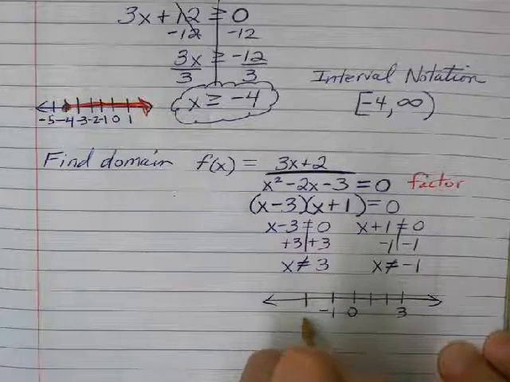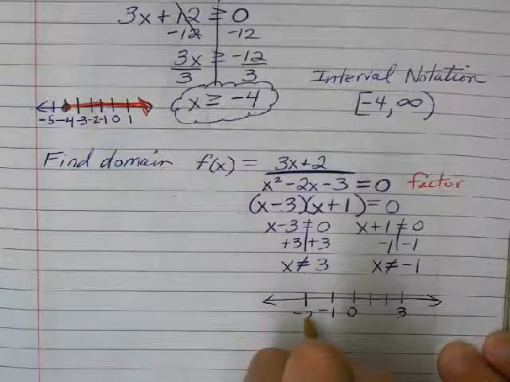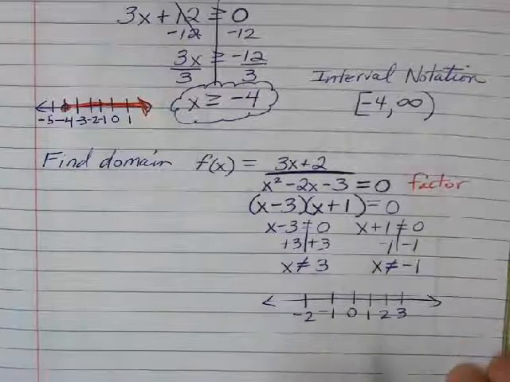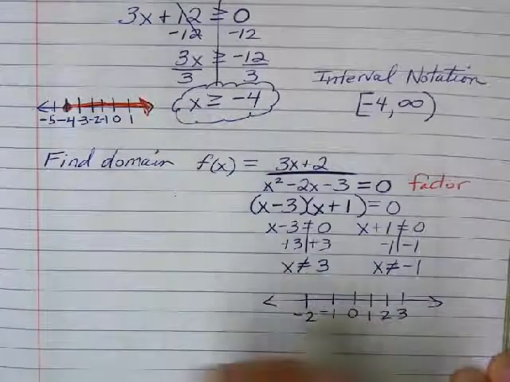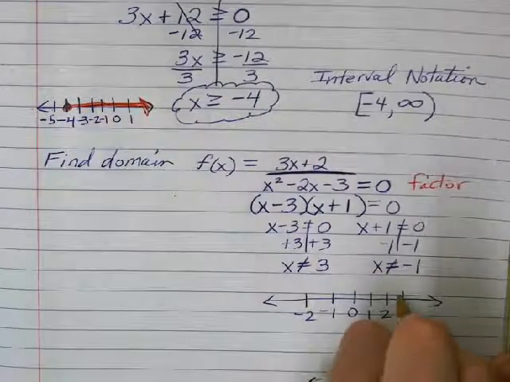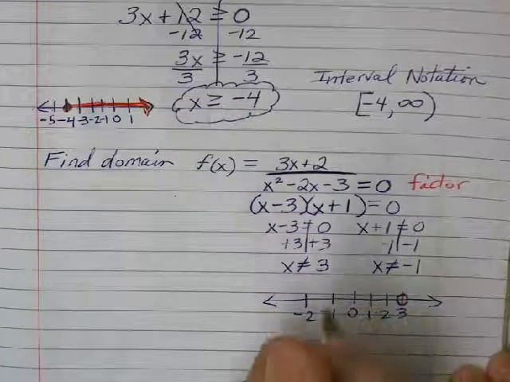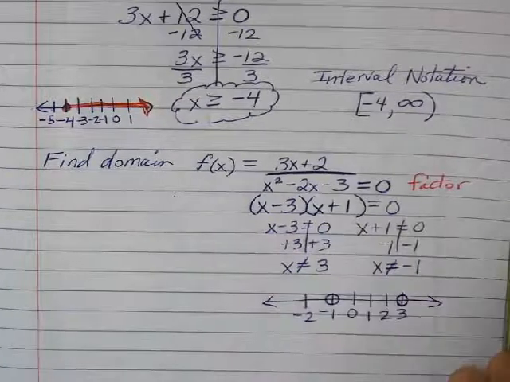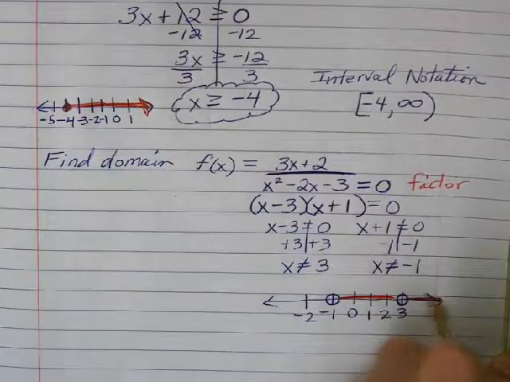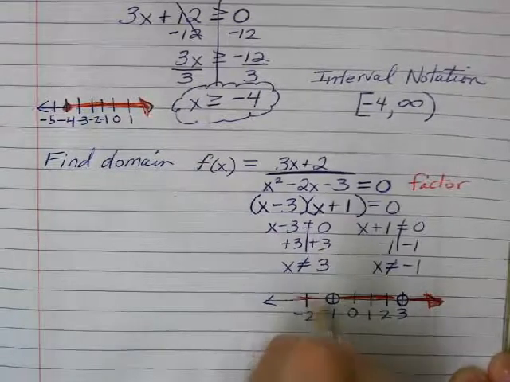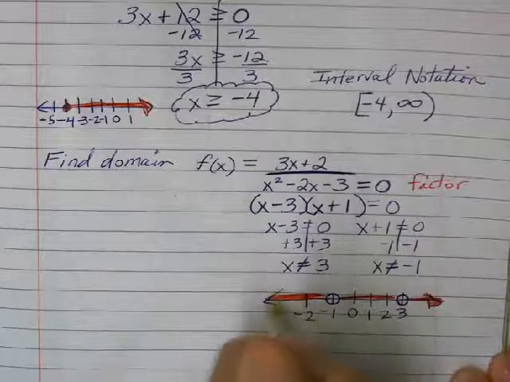The answer is you cannot have 3 and you cannot have negative 1, but anything else works. Everything else is actually a good answer for the domain.